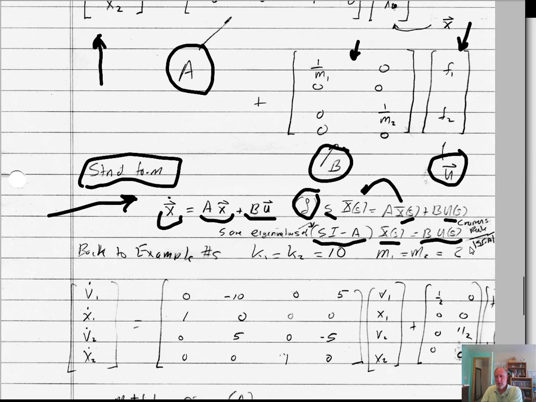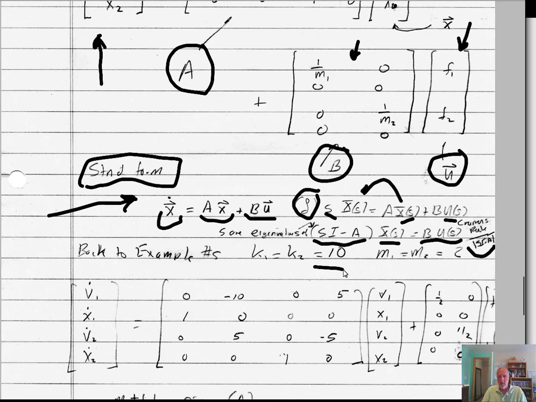So you use Cramer's rule, kind of cramped over here. You get this matrix in the denominator because we use Cramer's rule to solve for this x vector. So notice that the determinant of sI minus A is in the denominator, so that's going to be our characteristic equation. Let me show you how that works.